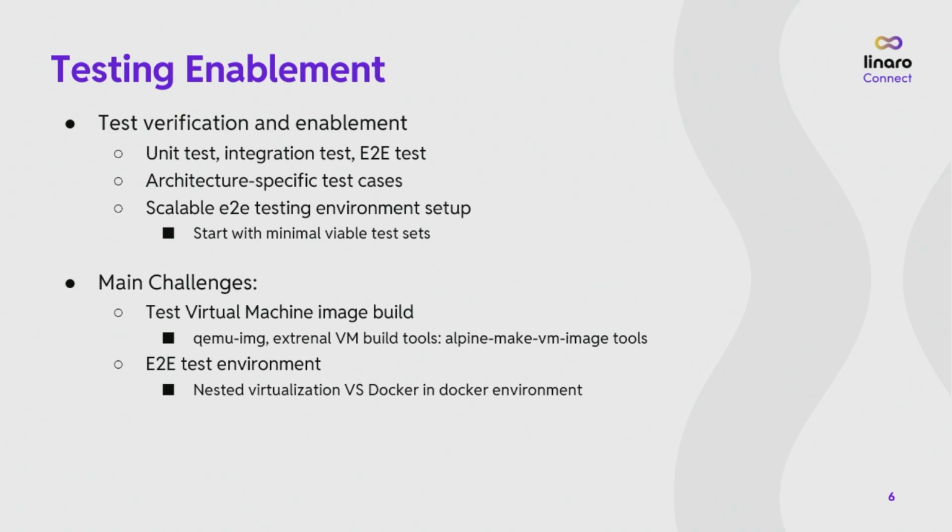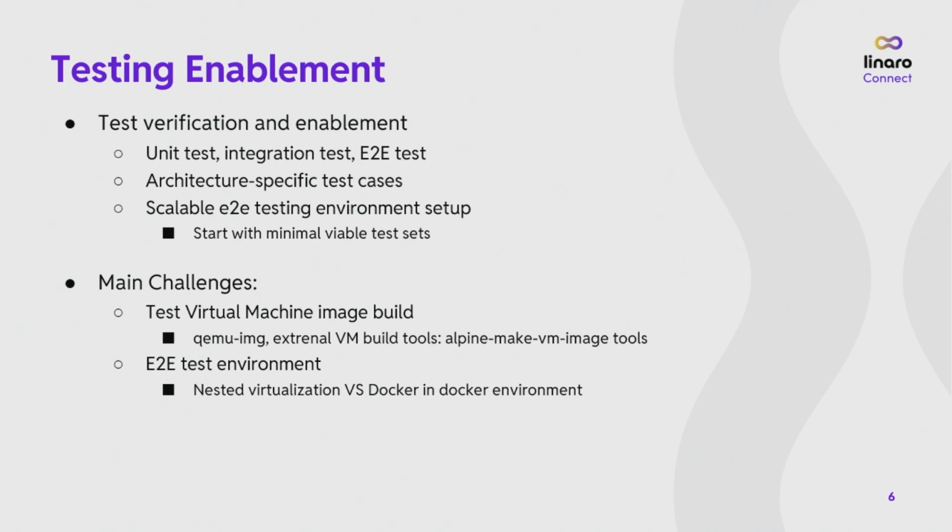Another big challenge is the E2E test environment. On x86, it uses nested virtualization to do E2E tests. Basically, they start up 3 virtual machines, and in these 3 virtual machines, they deploy a Kubernetes cluster and deploy KubeVirt on the Kubernetes cluster. And they do the E2E tests within this environment.